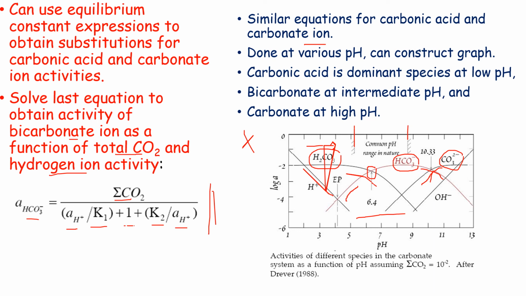Now you need to understand this first. During this time, you notice that the OH or hydroxyl ion species is increasing in its activity. As a whole, if you have understood this entire diagram, you have now understood carbonate chemistry: why you have certain species at certain pH, and why you have certain types of minerals being formed at certain pH, and so on and so forth.